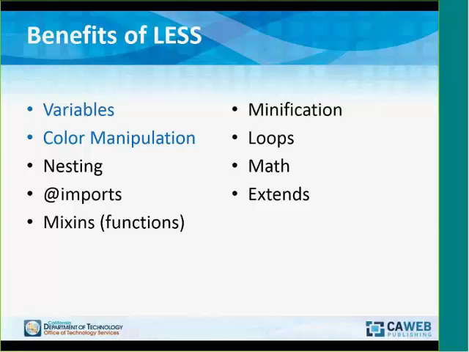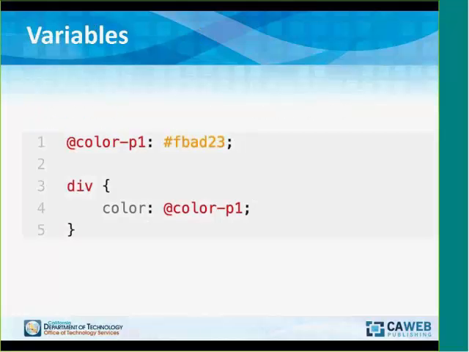It gives you loops, like in traditional programming, it adds math, and you can extend certain pieces of code. That stuff is all more advanced. I'm not going to talk about that in today's presentation, but we're just going to focus on variables and color manipulation, which, like I said, is probably 90% of what you need to do.